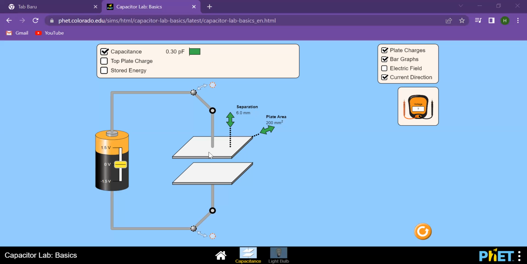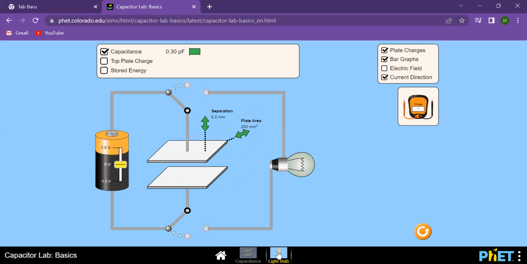Okay, now I'm going to show you the capacitor function, for example, with this light bulb. Look, if I fill this plate with electricity charge, and now I'm going to connect it to this capacitor.